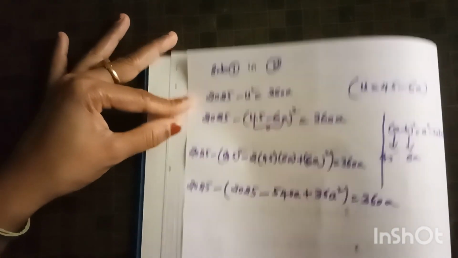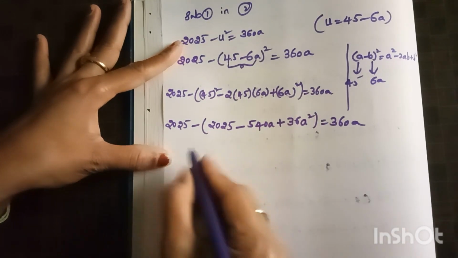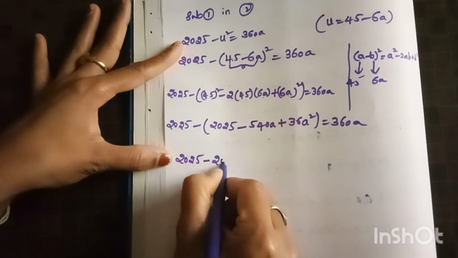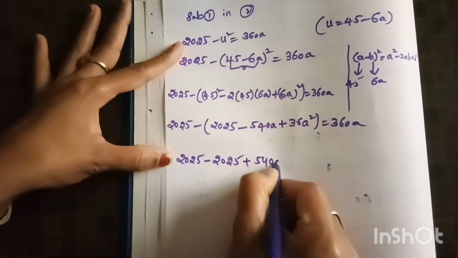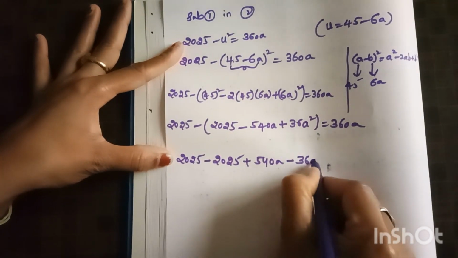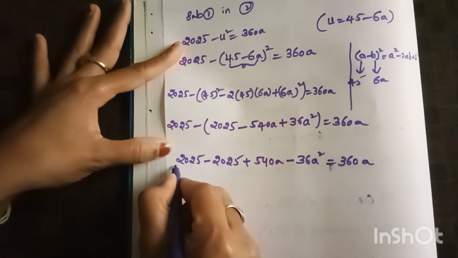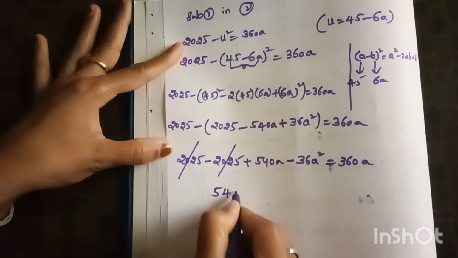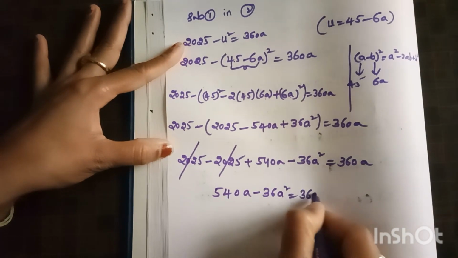So multiply the minus through the whole equation: minus 2025 plus 540a minus 36a square is equal to 360a. Plus 2025 minus 2025 will be cancelled. 540a minus 36a square is equal to 360a.